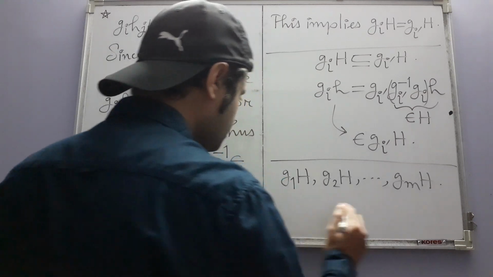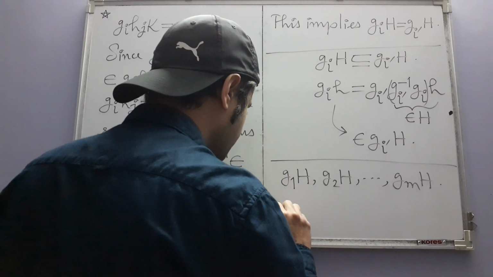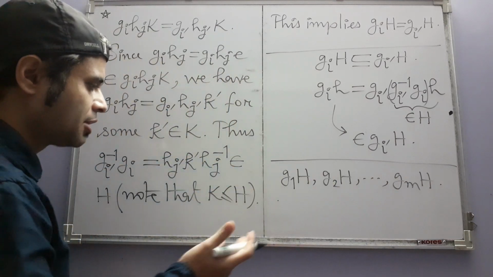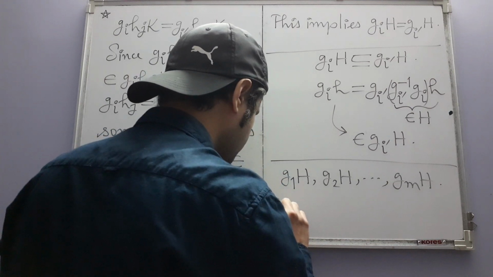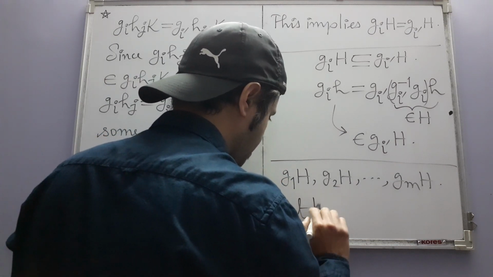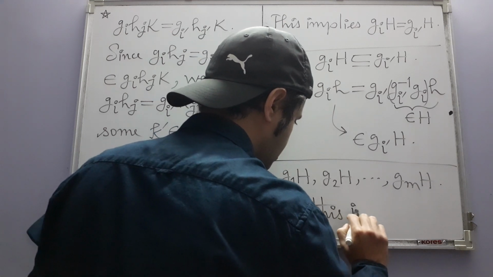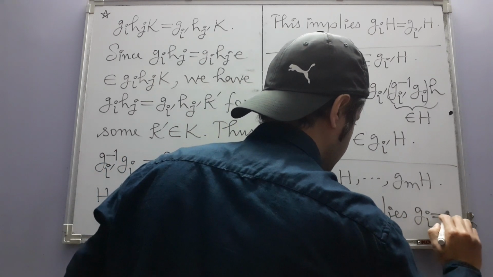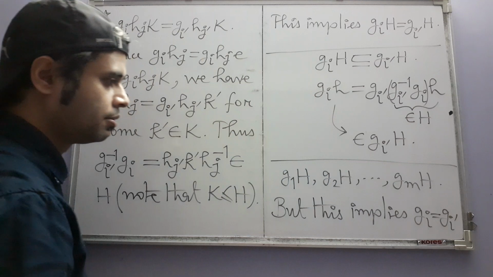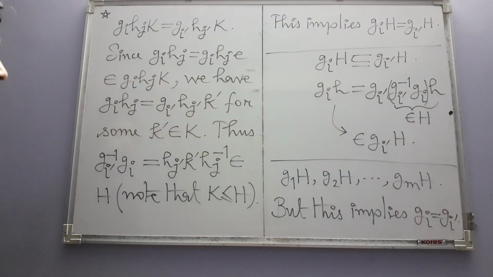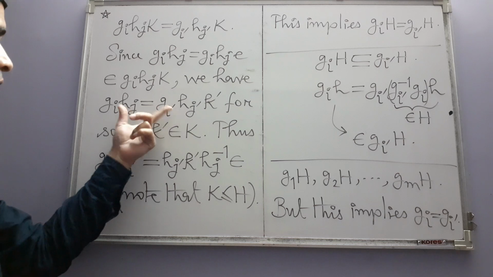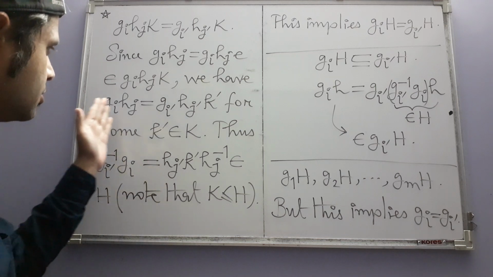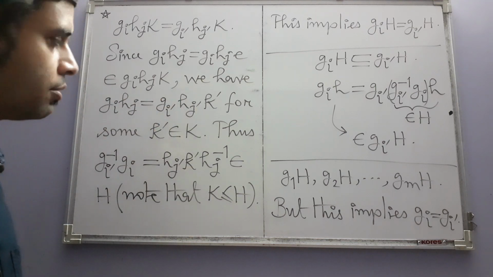And that is why we continue our solution from here. Should I write the distinctness? But you understand, let me just simply write. But this implies that Gi is equal to Gi prime. Now we can use that fact in this equation. So you can cancel Gi and Gi prime from both sides by using the left cancellation law that you have in your group.